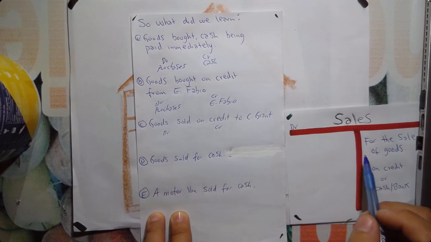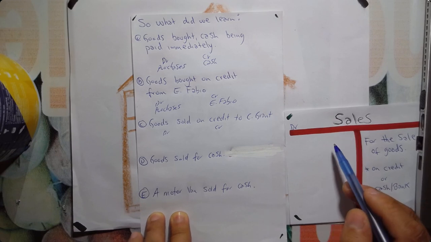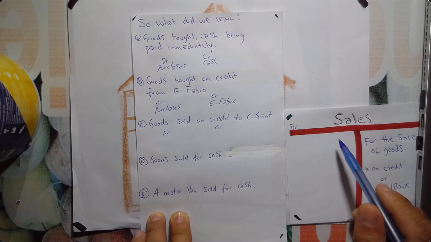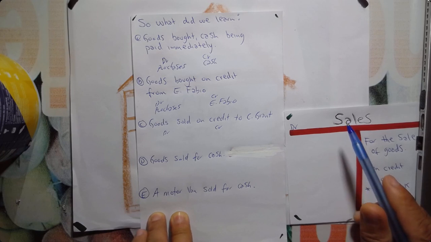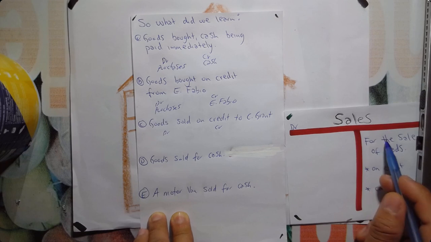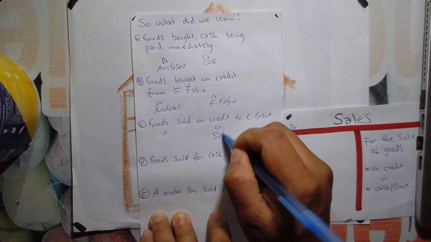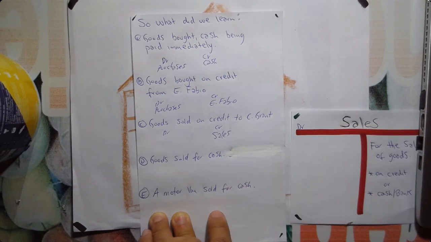What is the effect when I sell goods? When I sell some of my inventory, what will be the effect on inventory? Will I have more inventory or less inventory? Well, you will have less inventory, so you will need to do a credit entry on the sales T account. So sales will be credited. What will you debit?